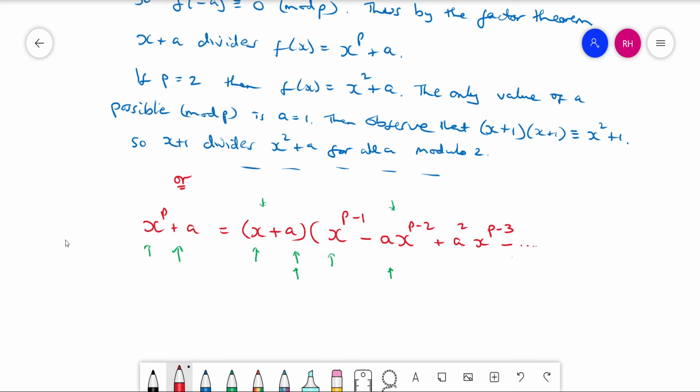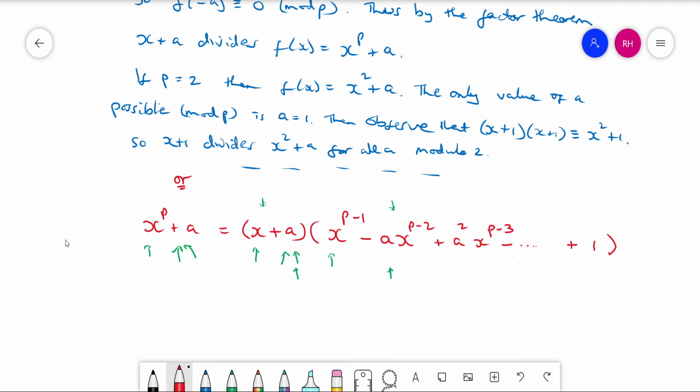And then right at the end, the last term, I've got this a here, and I need to have a at the end. So I must have 1 at the end, plus 1.